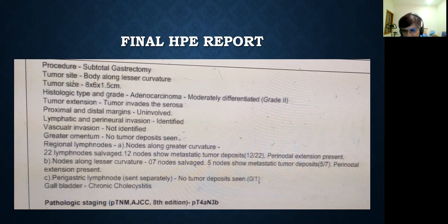Yes, sir. If you haven't put a drain, how will you manage this patient? We can make a duodenostomy and put a Foley's there, sir, after opening. Radiologically, we can put a drain, sir.